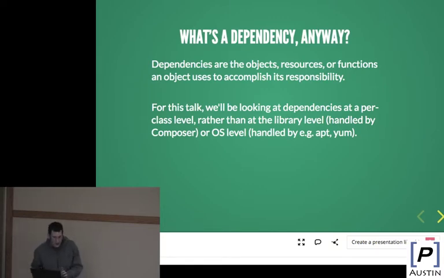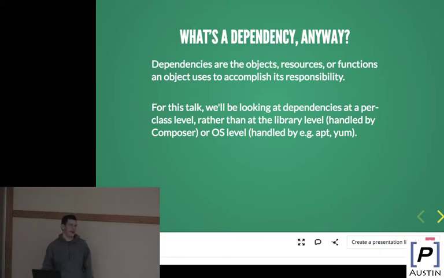In our particular case, while dependencies could be something as big as the operating system that you're running on, or packages in your package manager, or even, say, composer dependencies in certain cases, we're talking about something at a very close-in level, at the class level, where you're just dealing with something that's in that particular code file.